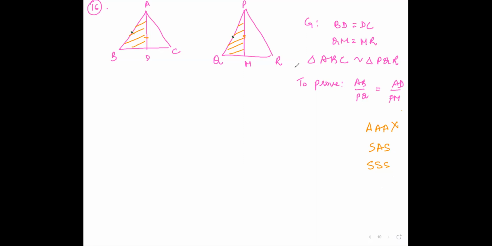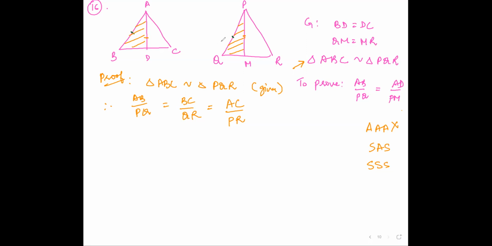Now we make use of the given condition always. So let's do the proof. It is given that triangle ABC is similar to triangle PQR. So all the sides will be in proportion. So I can write AB by PQ is equal to BC by QR is equal to AC by PR. So this is given, right? Now look at my small triangle.